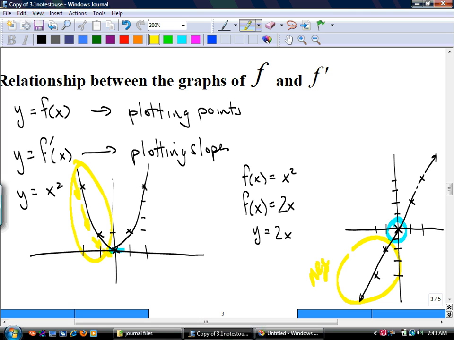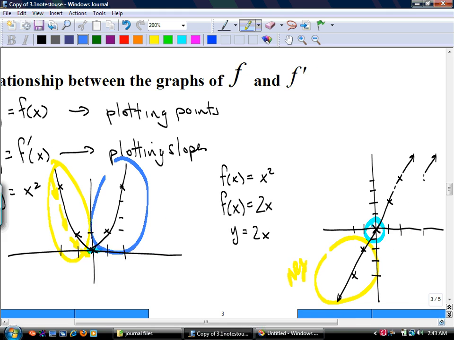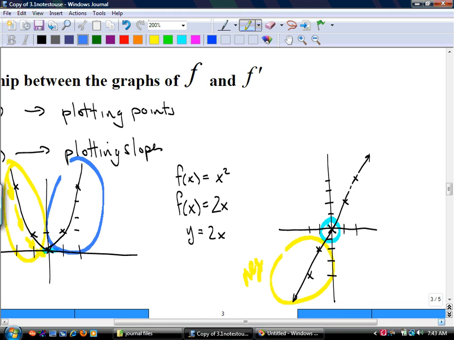As you go to the right, tell me about the slope. It's small positive, and then more positive, and more positive, and bigger positive. Look at the y-coordinates on the derivative graph. High x, high y coordinates.